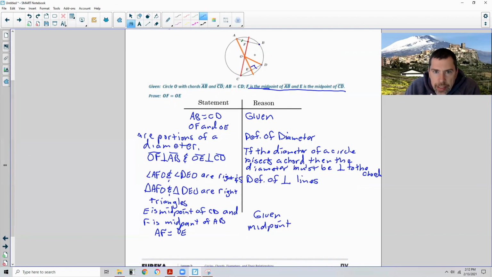So now I'm going to say that AO equals DO. So the length of AO equals the length of DO.